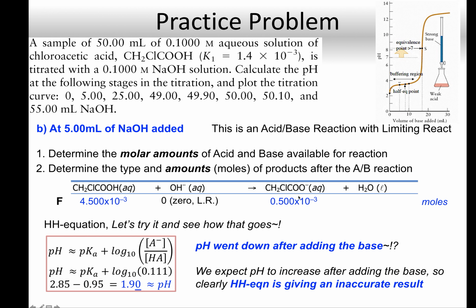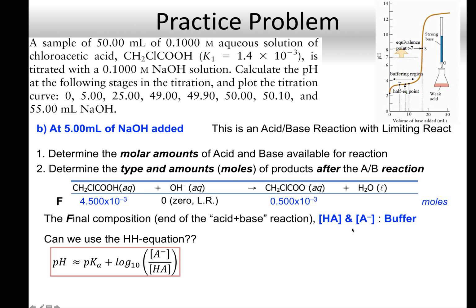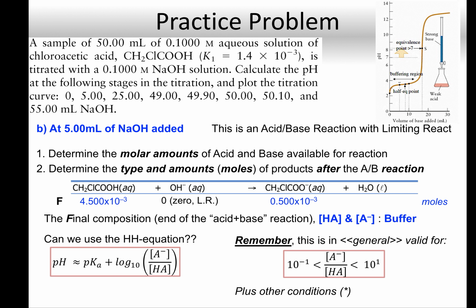So if this is not happening, that means that the HH equation is not giving us accurate results. There must be something wrong why we cannot use this equation. So what is that? Let's go very quickly to check. We have the weak acid and its conjugate base. It's in principle a buffer. The question is, can we use this HH equation? It gave us a really bad result, so we're trying to find out why.